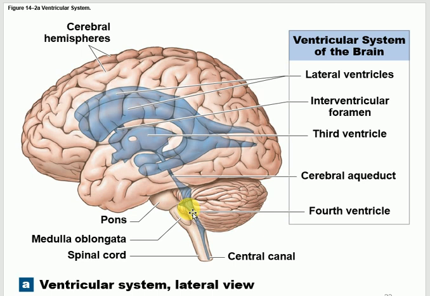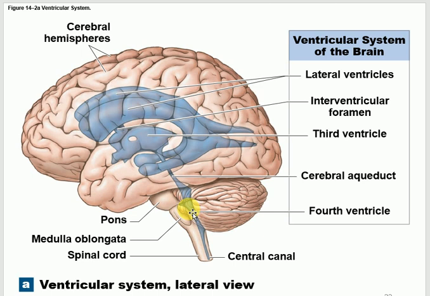The question that I always hear is, why lateral, third, fourth? Where is first and second? We don't use first and second anymore. We just say right and left laterals instead of first and second. Third and fourth we didn't change. So right lateral, left lateral, third and fourth.